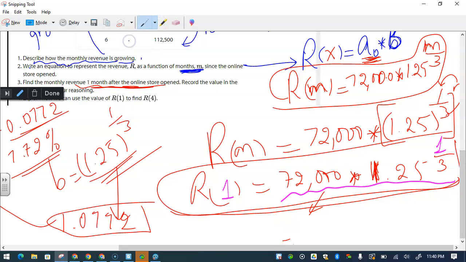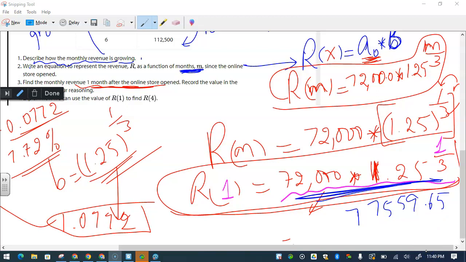So you end up getting 77. This one you put on the calculator, 77,559.65. So that will be the revenue after 1 month.